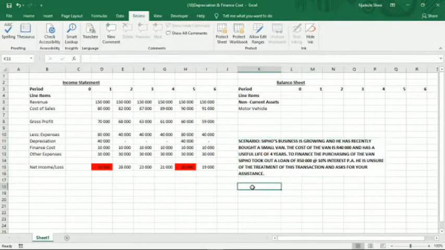So this basically means that Sipho will use the van in year 1 and year 2 and year 3. And then lastly, at the end of year 4, this particular van's value will be 0. The value of the van will be 0 because this van would have depreciated all the way down from 40,000 rands to 0 rands.